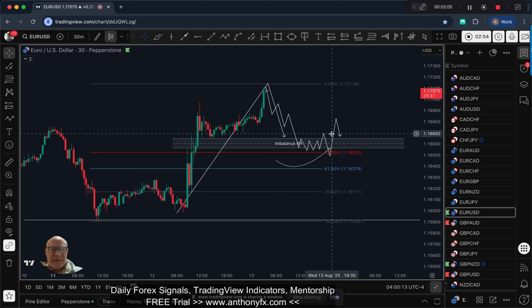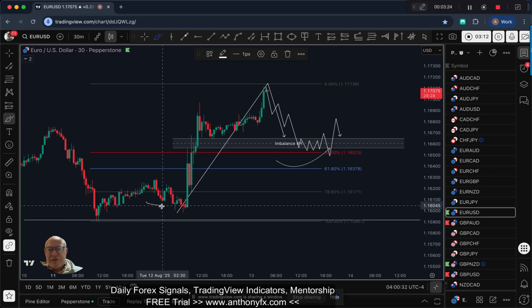And then we get displacement, like here, we had this move here, balance area. It doesn't have to be parallel or horizontal. It's a balance of buy and sell, kind of pushing up, and it entices buyers in. Stops go under, and then they run those stops, hit those stops, and then you get the displacement.